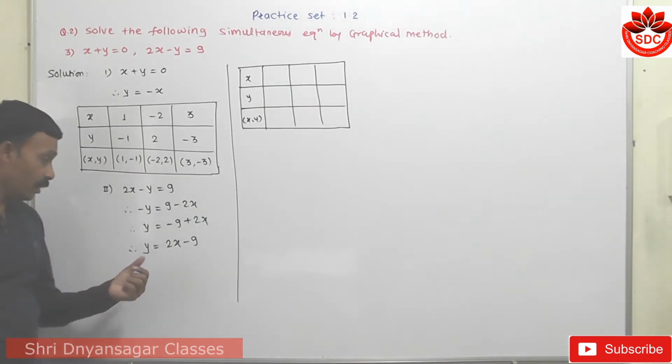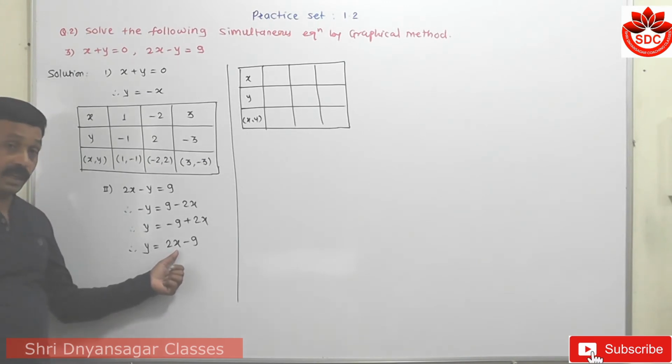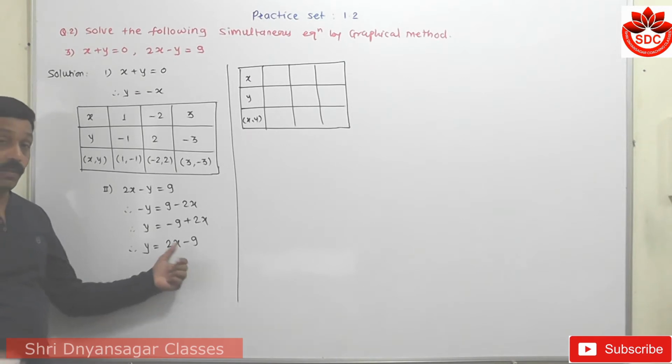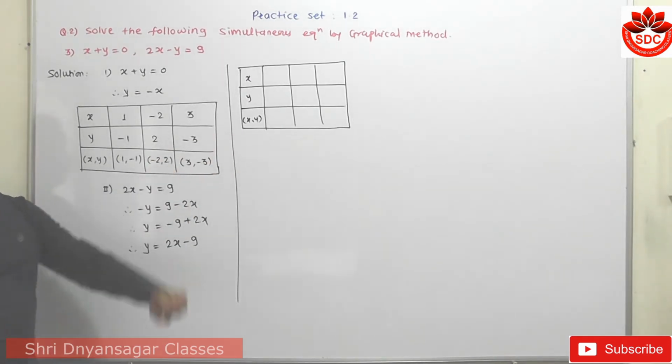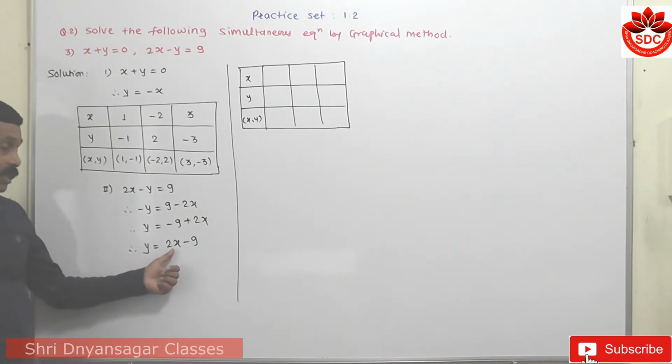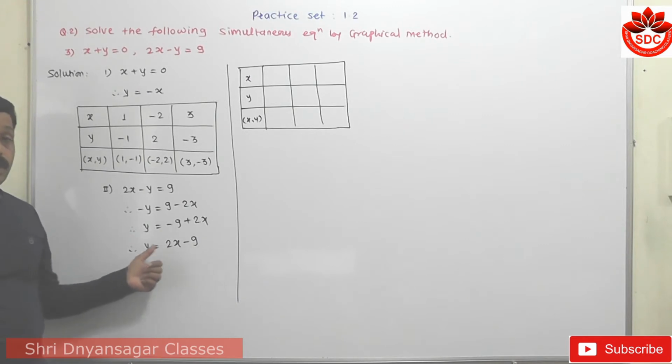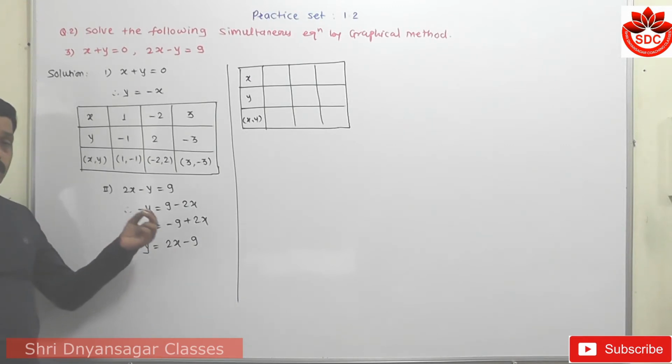But look here, take the value of x such that when we find its product and subtraction, the values are not bigger, because we also have to draw this on the graph paper. So take smaller values so that the product and subtraction is less than or equal to 6 or 8.